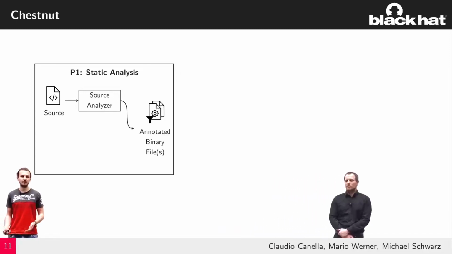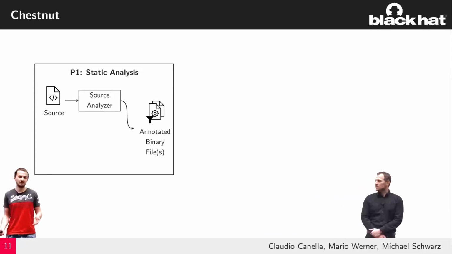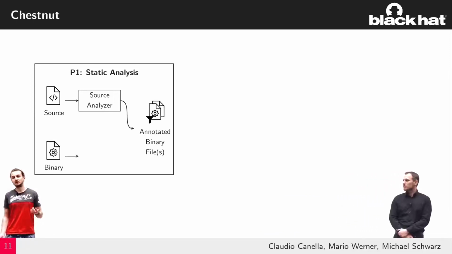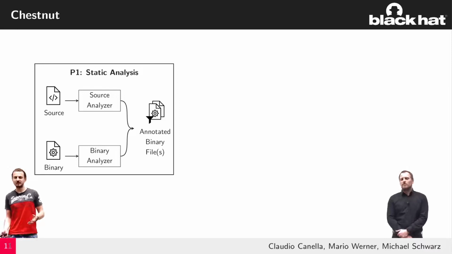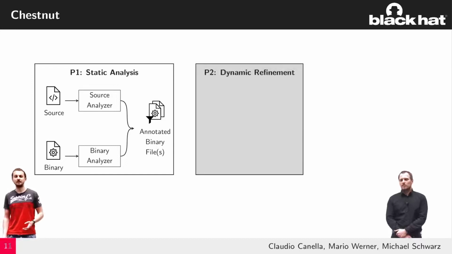And in the other case, maybe we don't have the source code available, and we only have the binary, so we also have a solution for that. We use our tool called Binalyzer, and we again get these annotated files. But this might not work entirely because static analysis does have its problems. So we have this optional second phase called the dynamic refinement phase, where we have a third part of our tool called Finalizer.